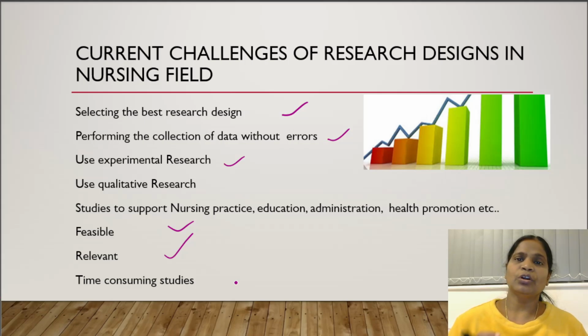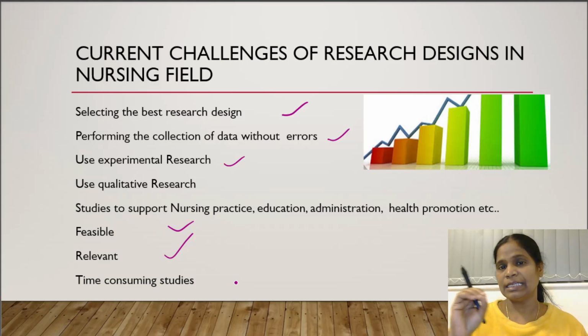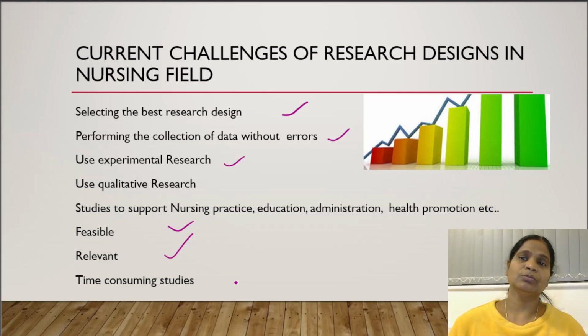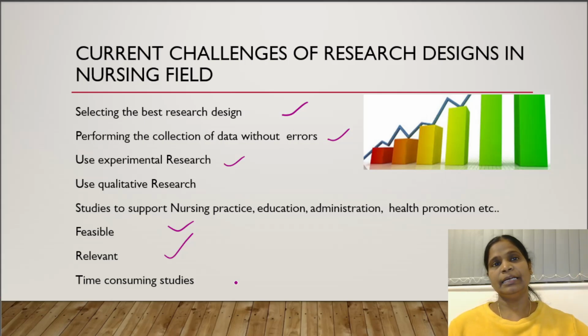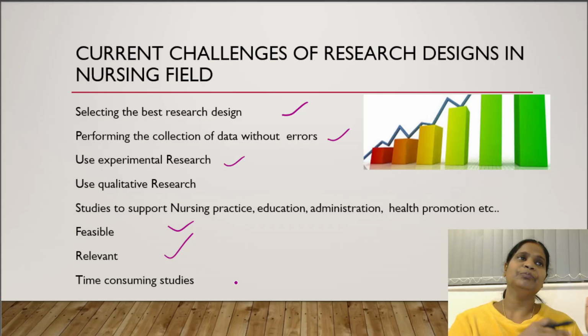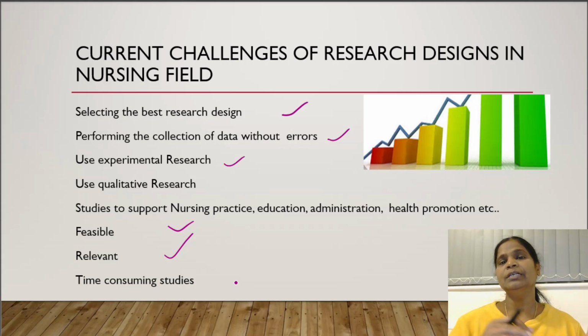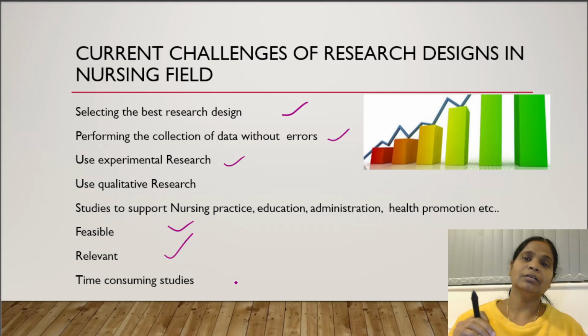So we face a lot of difficulties. Time series designs are there. Now these time series designs we are using in nursing as well. Before, time series designs were especially used in stock markets, to compare certain data from the previous 10 years to 5 years, and what changes have occurred, how it went.